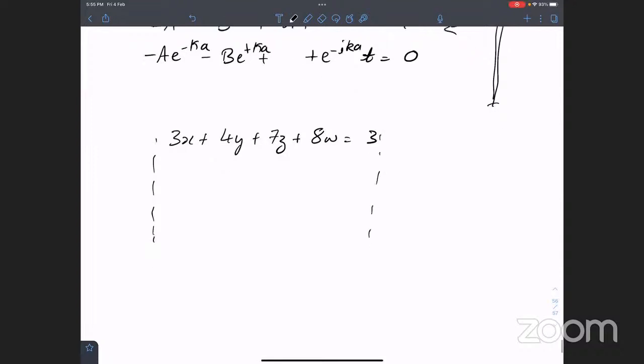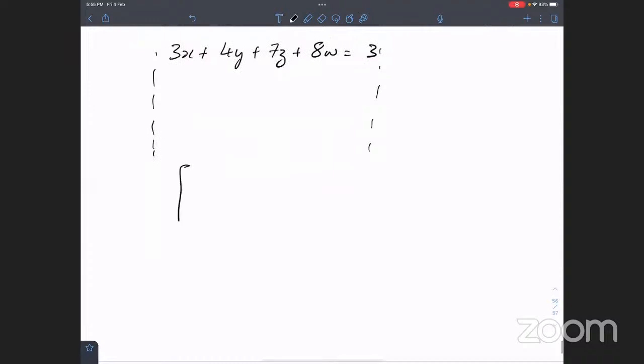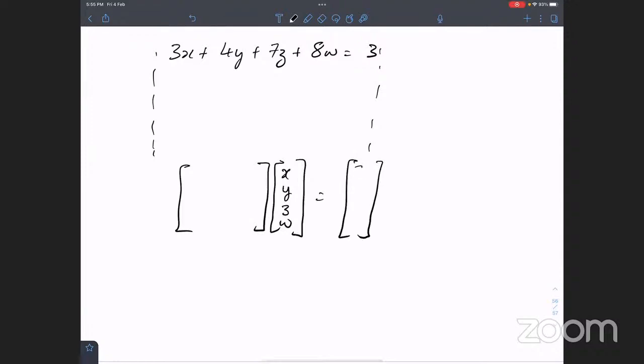Similarly, we can write this as some 4 by 4 matrix times the unknowns x, y, z, and w, equal to some set of constants, 3, 0, 1, 1, whatever. This is a general linear equation in 4 unknowns.